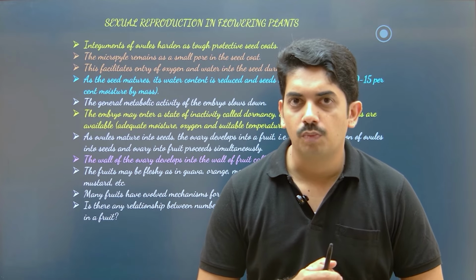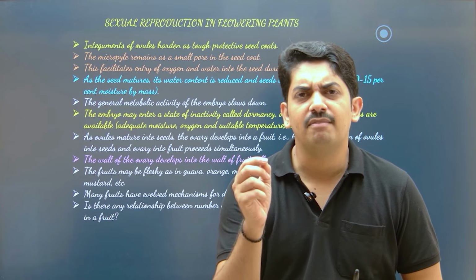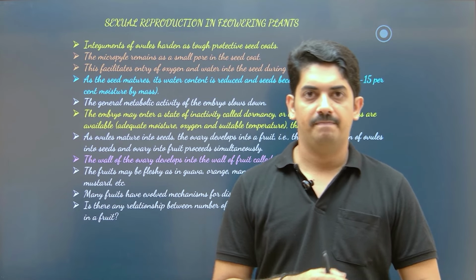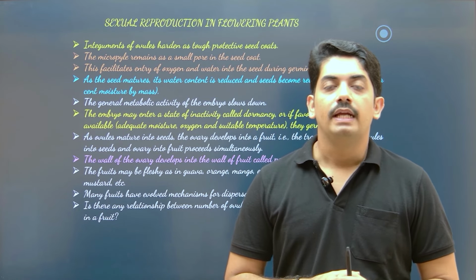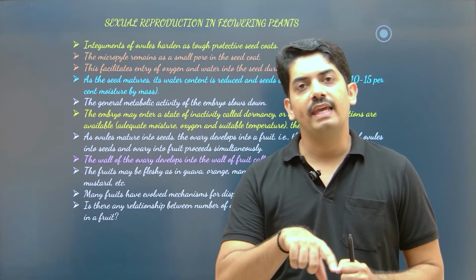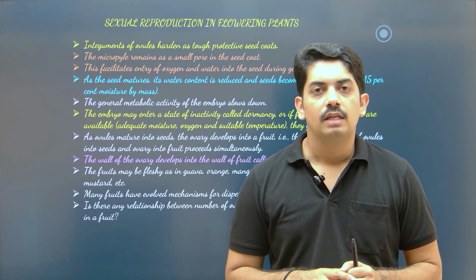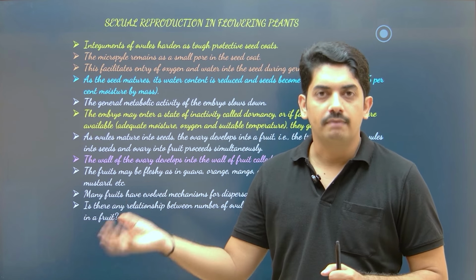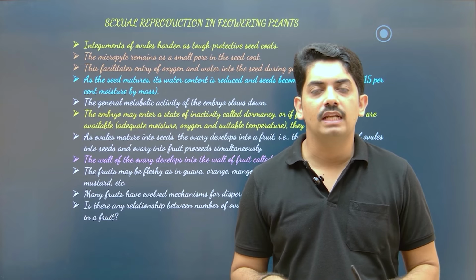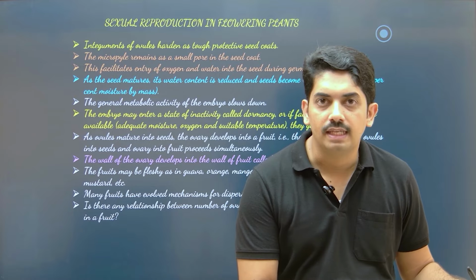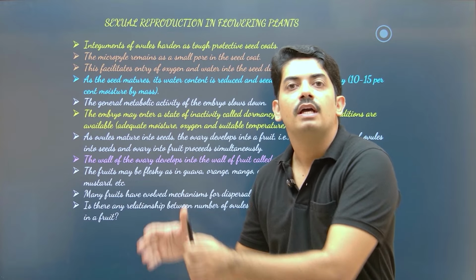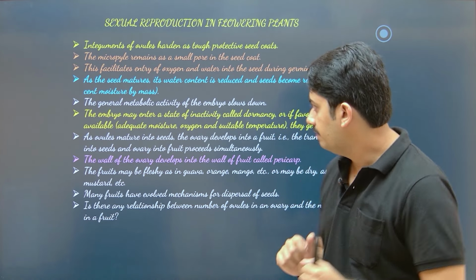So in most cases, what happens is the produced seed will retain very little water, 10 to 15%, and undergo dormancy. What is dormancy actually? It is an inactive viable time of the seed. Inactive viable means what? Seeds are viable. They have the ability to germinate on onset of favorable conditions. But for a time interval, it slows down all its physiological activity and undergoes dormancy to make sure that the seed will stay viable in the unfavorable condition, and on onset of favorable conditions they can germinate.